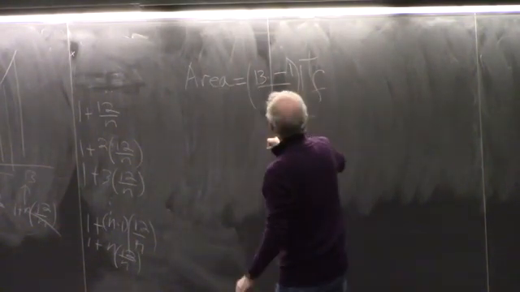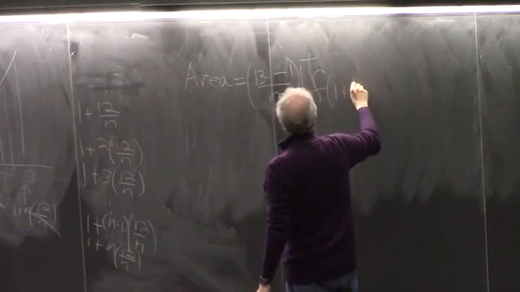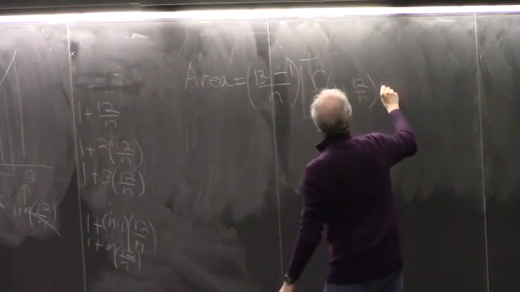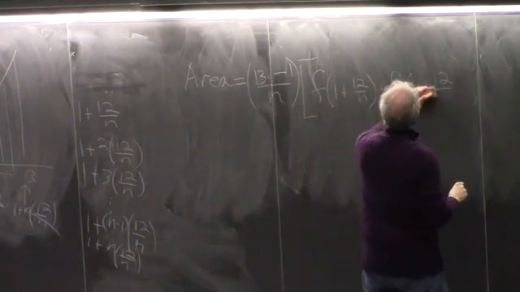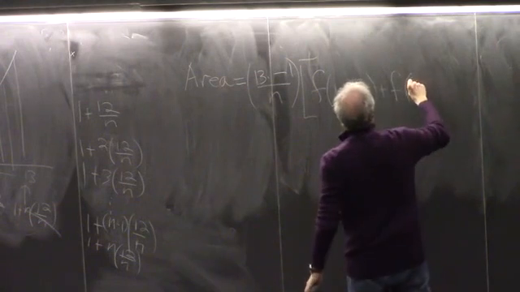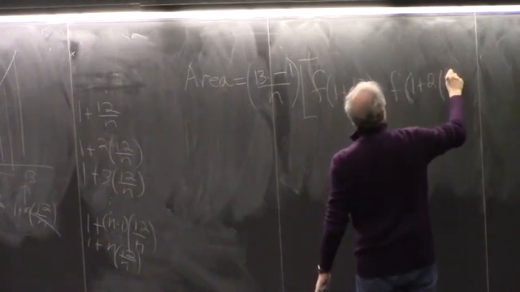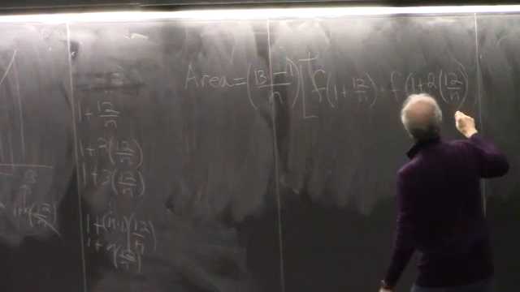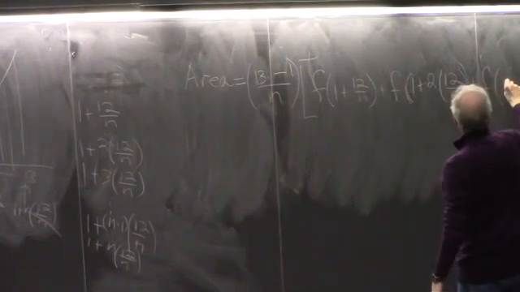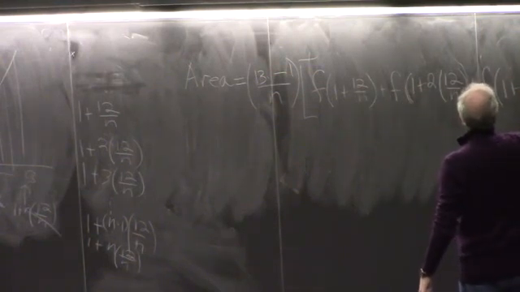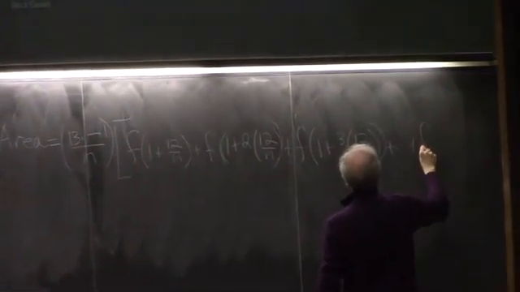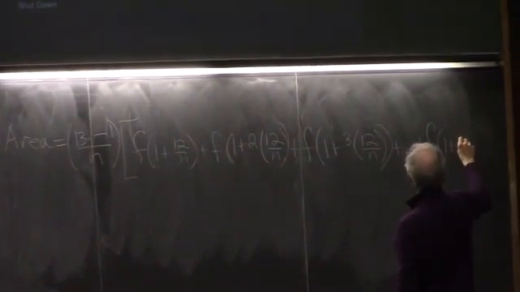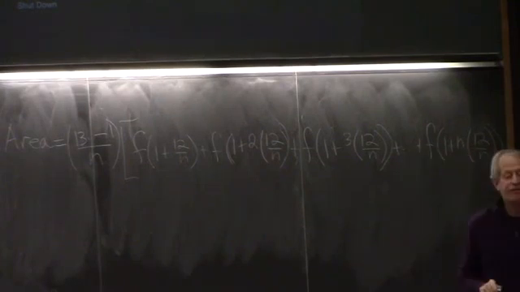And I've got an f at 1 plus 12 over n, f at 1 plus 2 times 12 over n, 1 plus 3 times 12 over n. And the last one is also known as f of 13.